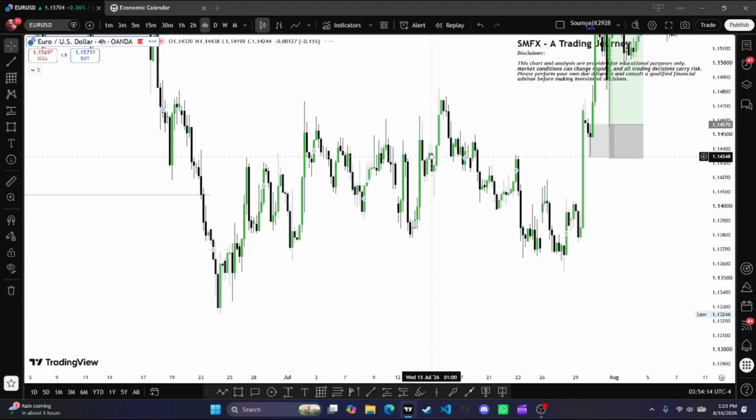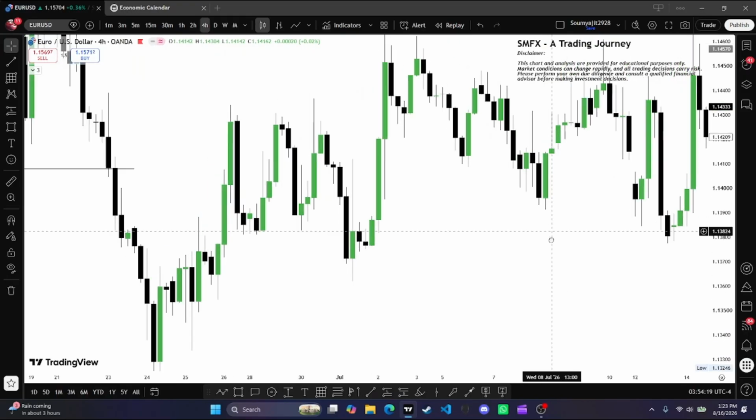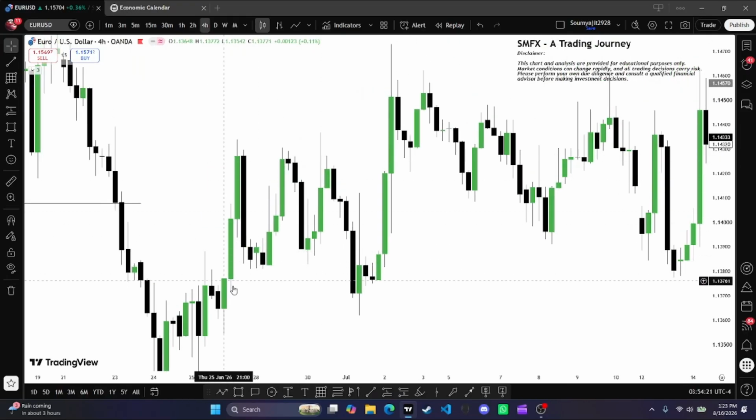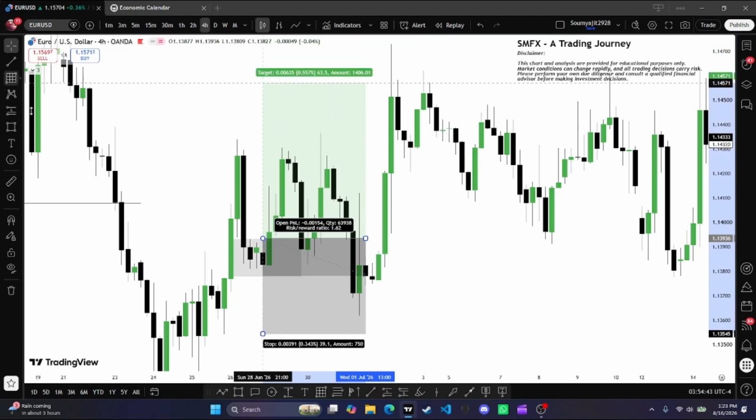Even if you take some other example, for example over here, we got this FVG. Now the FVG gets tapped, it goes up, but it comes back down once again. And one more thing, this FVG is quite large. If you see, it is like this. So we place it over here. Our stop loss can be placed here, and our target at least must be 2 RR, or even if it is 1 RR, it will be like this.